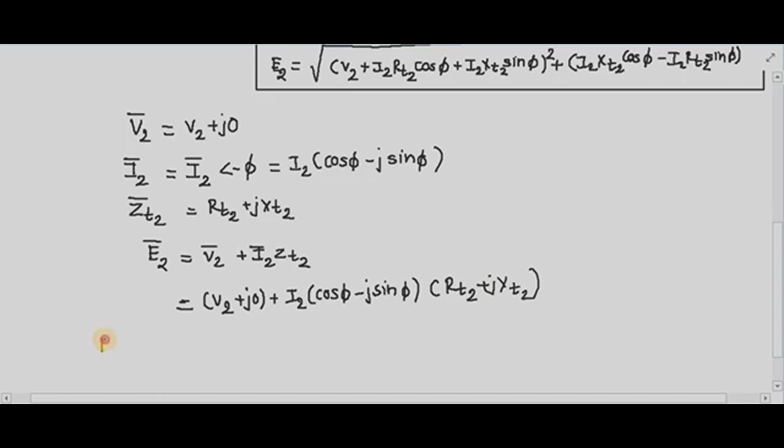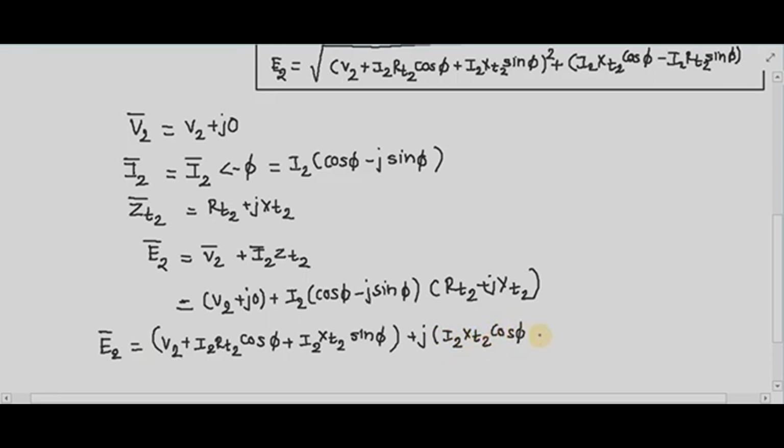If we simplify this, what do I get? E2 is equal to V2 plus I2 RT2 cos of phi, this multiplied by this into this, plus I2 XT2 sine of phi, the real term, plus j into I2 XT2 cos of phi minus I2 RT2 sine of phi.